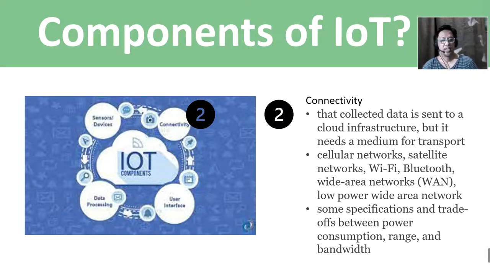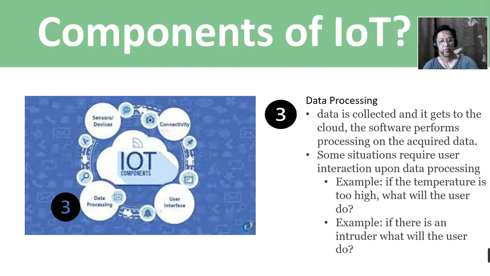So cellular networks, satellite networks, Wi-Fi, Bluetooth, wide area networks, or WAN, low-powered wide area networks. These are your examples of connectivity. Some specification and trade-offs between power consumption, range, and bandwidth. So depending on the connectivity that you're going to use, there will be trade-offs.